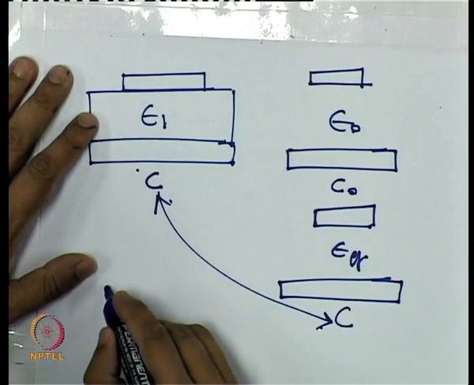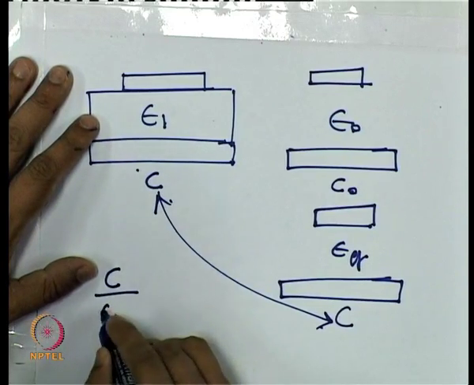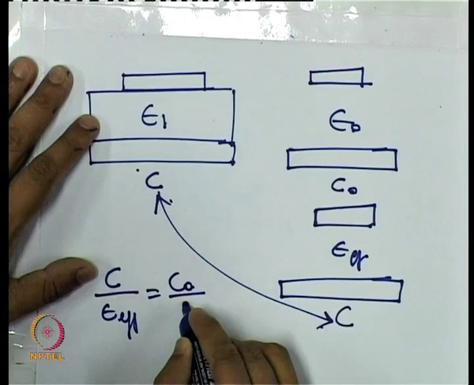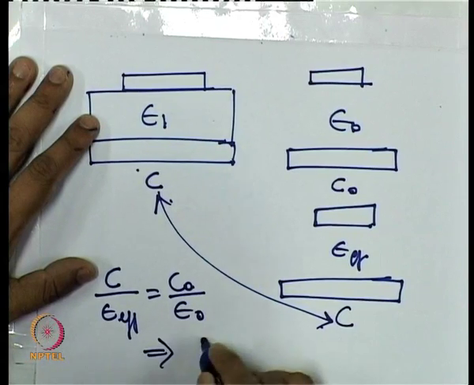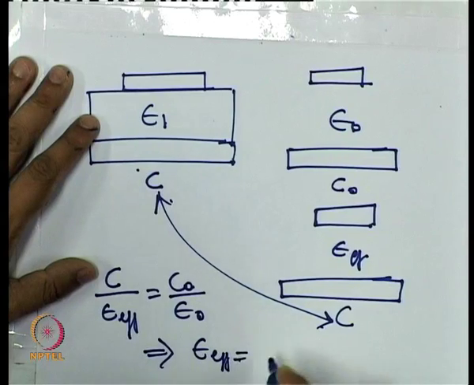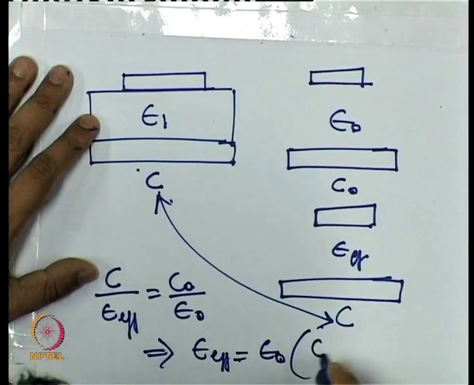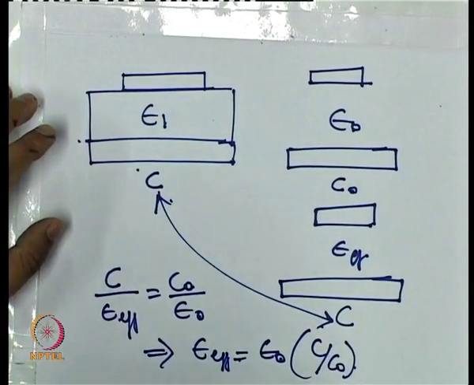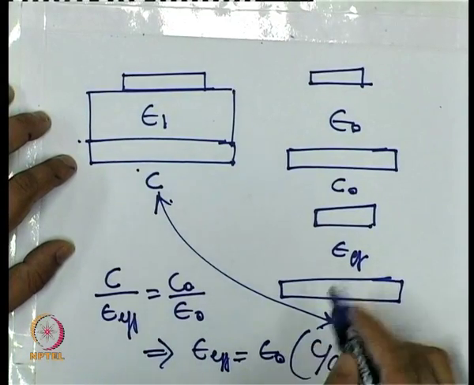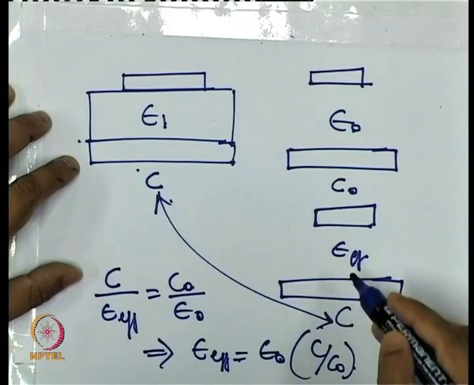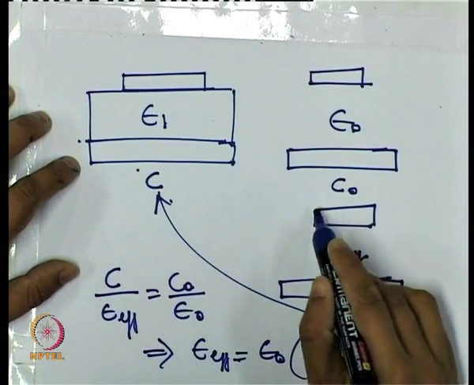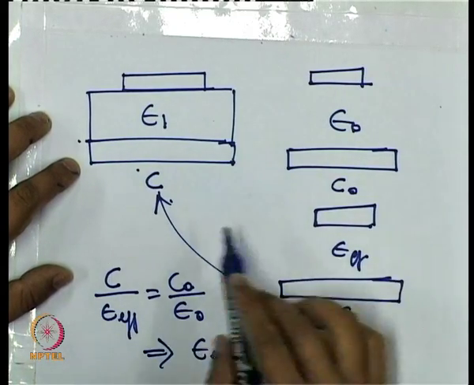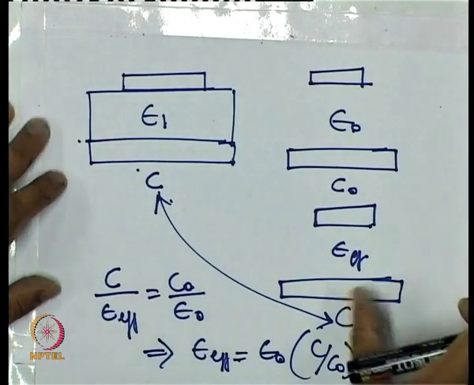Then I can write C dash upon epsilon effective equal to C0 upon epsilon 0, from which epsilon effective equals epsilon 0 times C upon C0. This is the relationship for this imaginary dielectric constant surrounding the inside and outside of the metal plates, related to the values of C and C0.